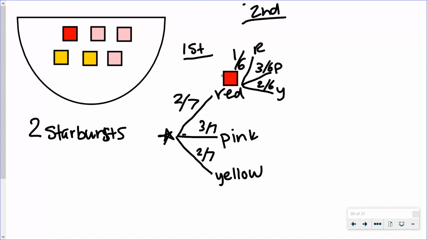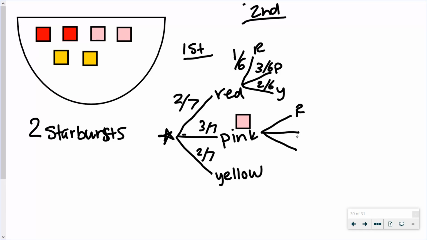If my second draw is a red, this is what that tree would look like. But I don't know if it's going to be a red. So I'm going to put that red one back. I've now reset. So I'm like in the first stage again. And this time I'm going to follow my pink path. So I'm going to put a pink here to represent that we are on the pink path. When I pull out that pink one, I still have 3 options for what that second starburst could be.